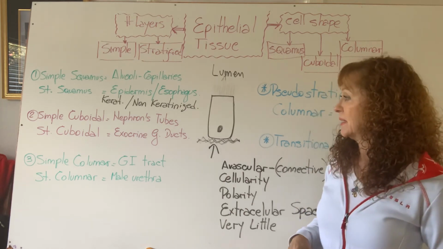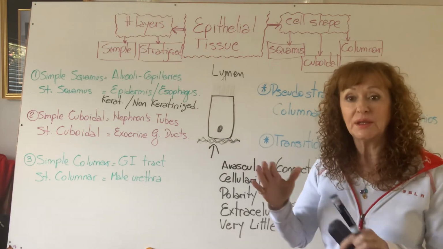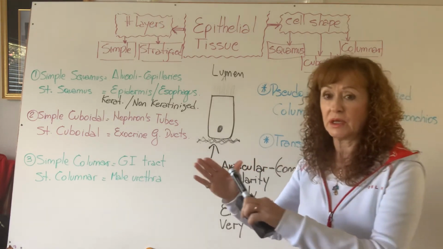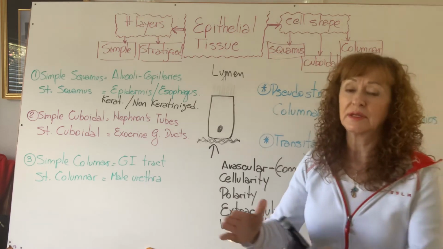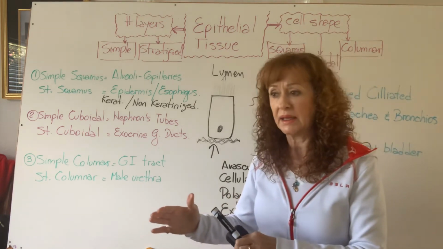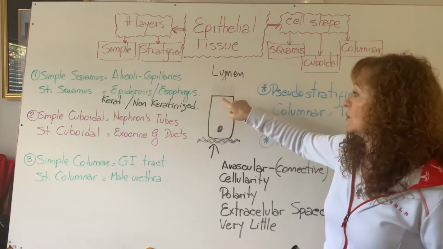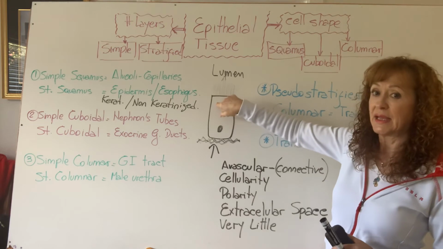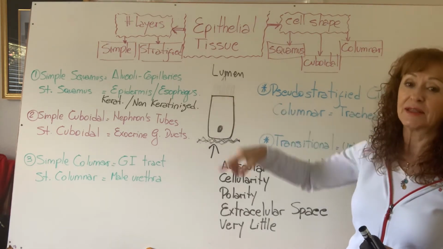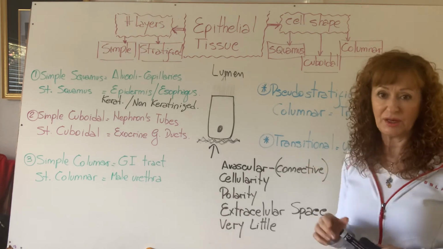From the stomach down, not the esophagus, the whole GI tract is lined by simple columnar. But in the different areas, the stomach, the duodenum, the jejunum, the ileum, the colon, the apical area is different, and it will tell you the type of function taking place in that area.